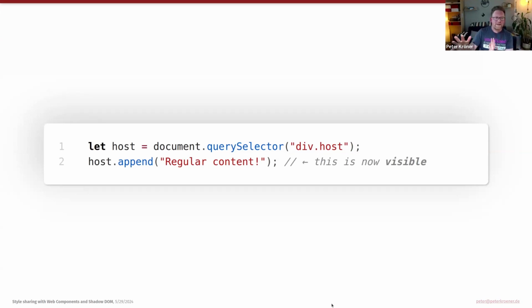Because this is right now just a regular element that contains a regular text node containing the text regular content, this regular content is now what's visible, and this is just a regular text node that's a child of the main document. Okay, this works like expected. There's nothing special going on until now.